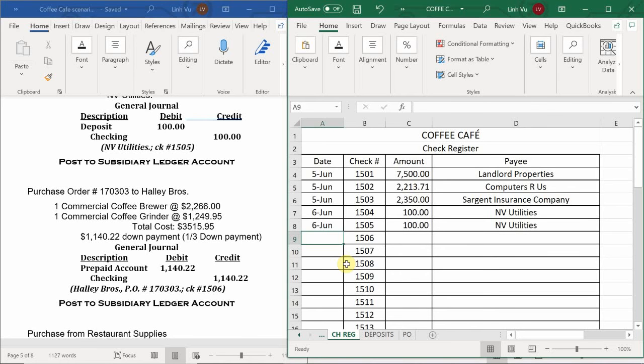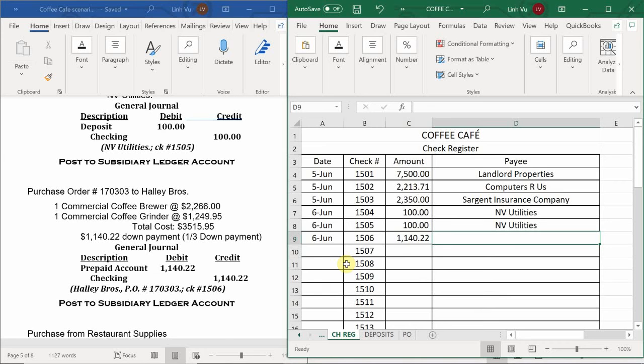So I'm going to use check number 1506, and again the date is June 6th. And this time I'm going to write the amount for $11.40 because that's the down payment that they are requiring me to pay.